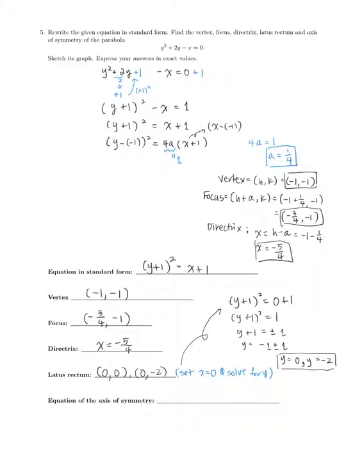All right, now moving right along, the equation of the axis of symmetry. Note that all the points are going to lie on y equals negative 1. So the equation of the axis of symmetry is y equals negative 1. But if you draw the picture, you'll see it right away. So let me draw the picture.